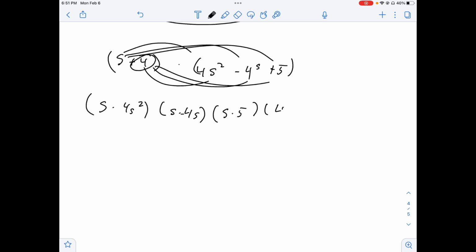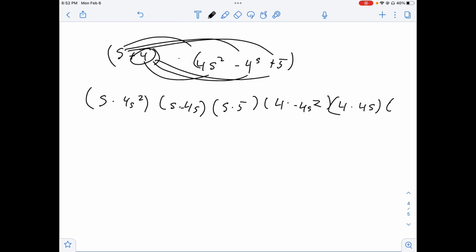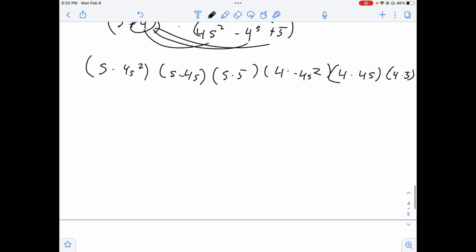So you're going to do 4 times 4s to the power of 2. Then you do 4 times negative 4s, and then lastly, 4 times 5, which comes out to simplified.